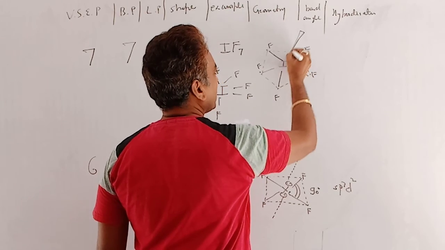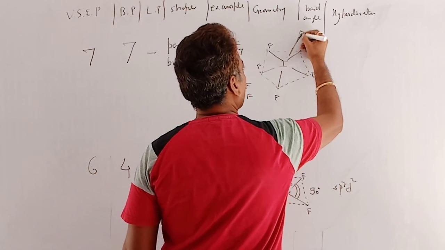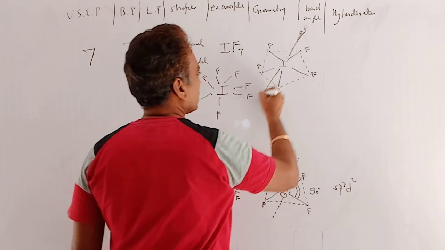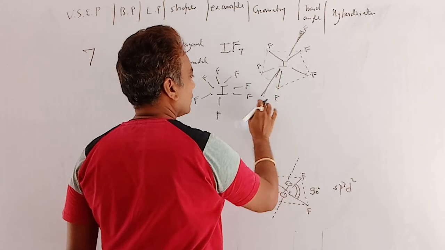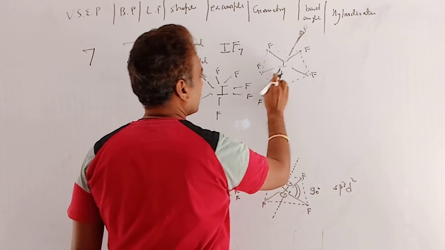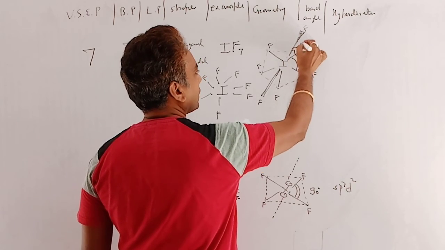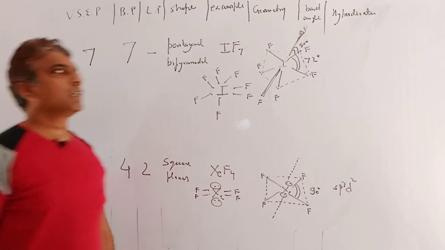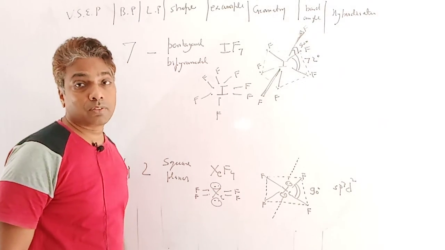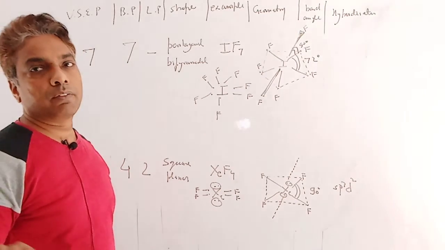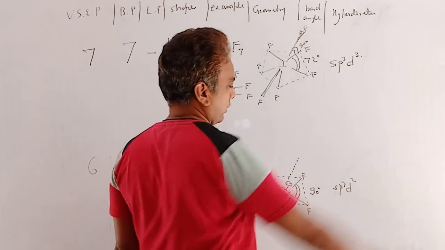With the help of wedge-dash notation, outward to the plane as well as inward to the plane. Here the planar side contains 72 degree bond angle and here is 90 degree. And how many bond angles are 90 degree? In this geometry it will be 10 bond angles, 5 outwardly and 5 inwardly. And hybridization is sp3d3. Clear?